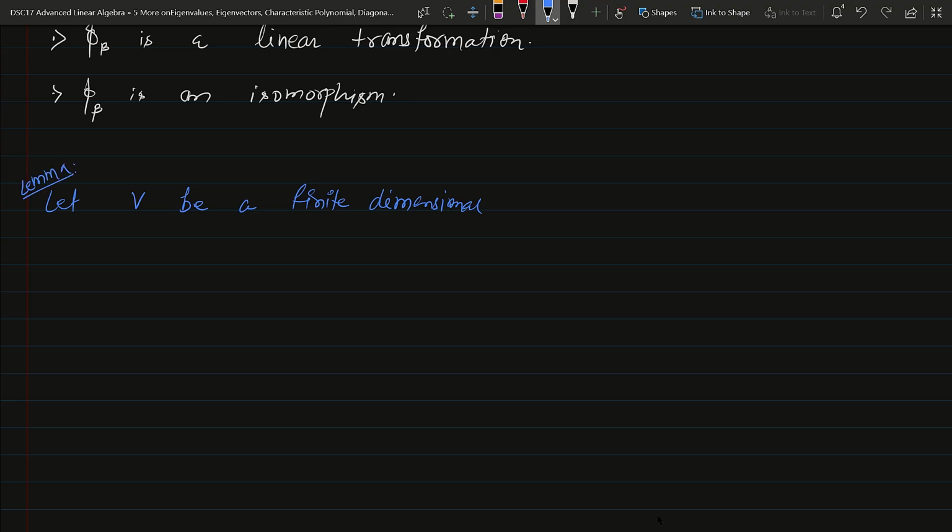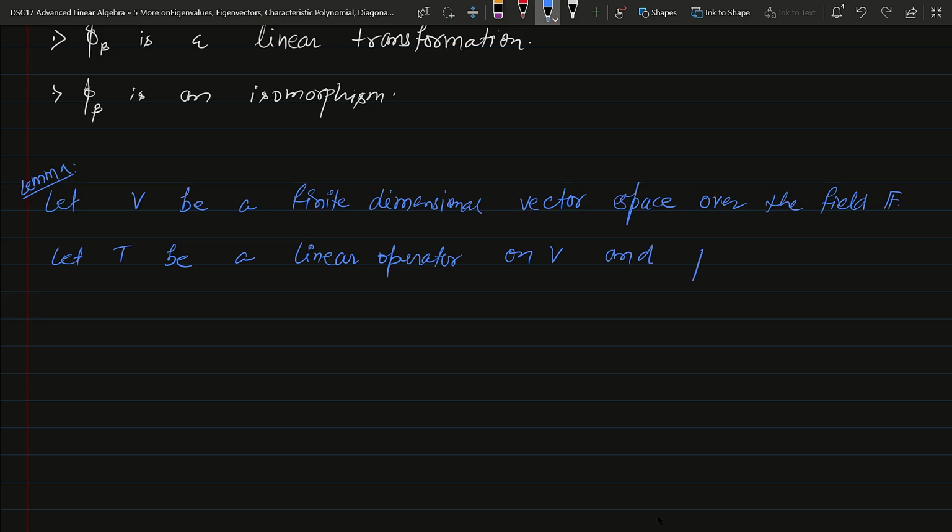Let V be a finite dimensional vector space over the field F, and let T be a linear operator on V, and beta be an ordered basis for V.